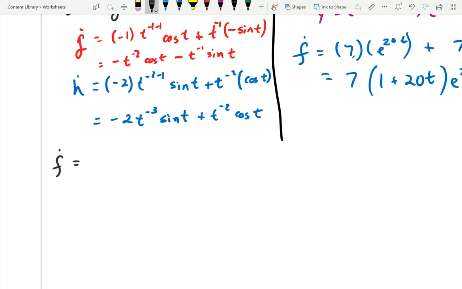I'll have a negative with my sine there and a negative with my sine here, so I'm going to put the sine term second. I have a negative with my cosine there and a positive with my cosine there, so I'm going to put that one first. And yeah, that's it.